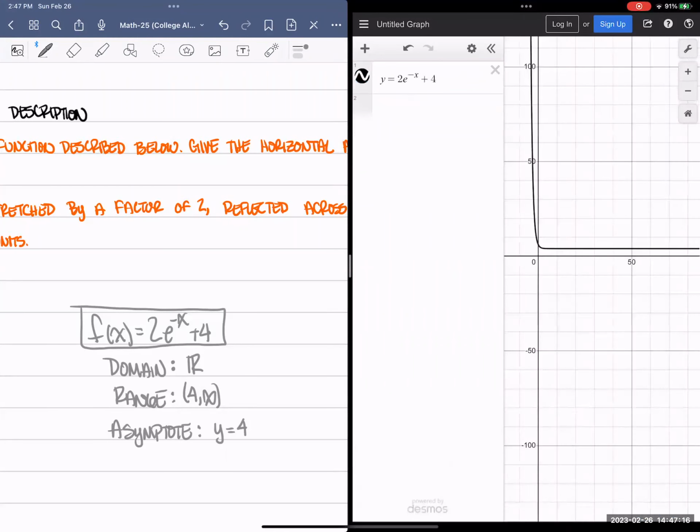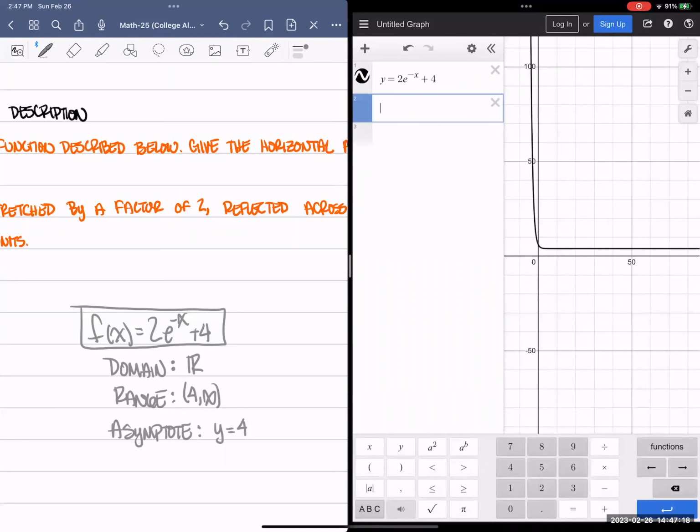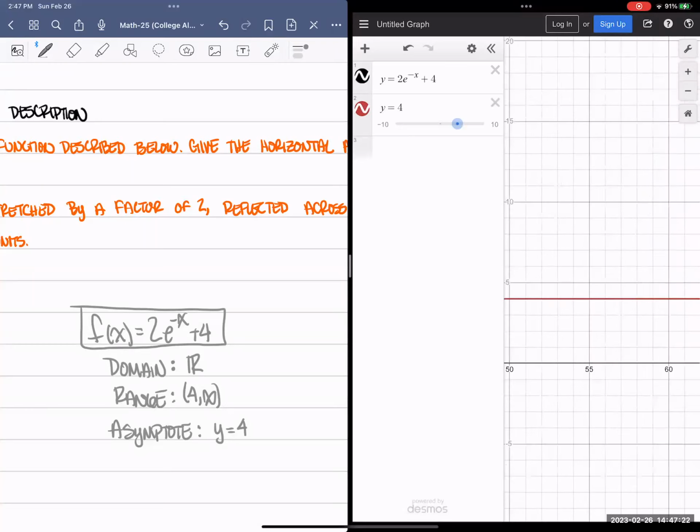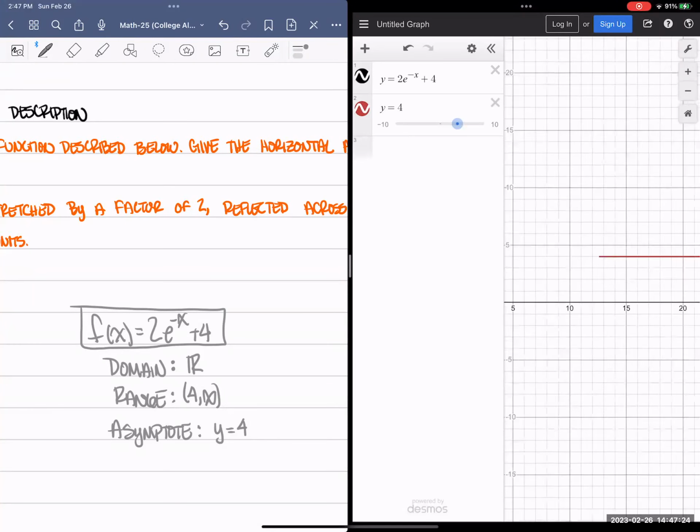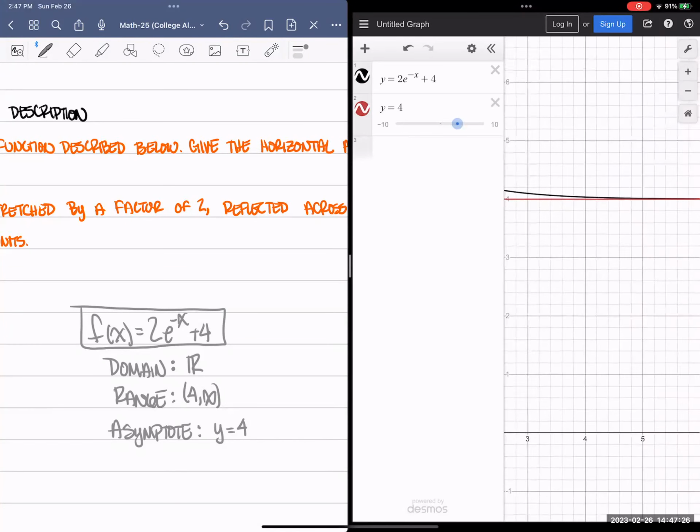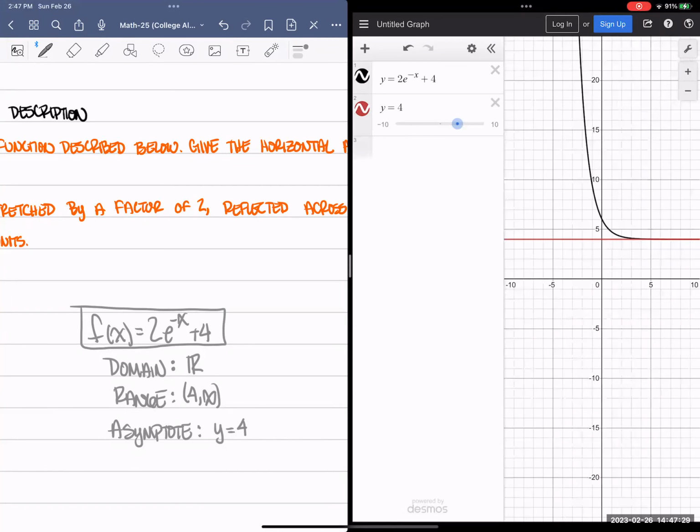And looking at that, it looks like our y equals 4 is our asymptote here. And it doesn't matter how far you zoom in, that black graph is always going to be just slightly above the red line. And there we go.